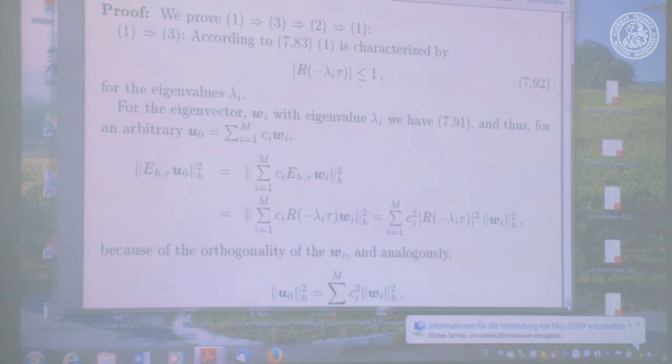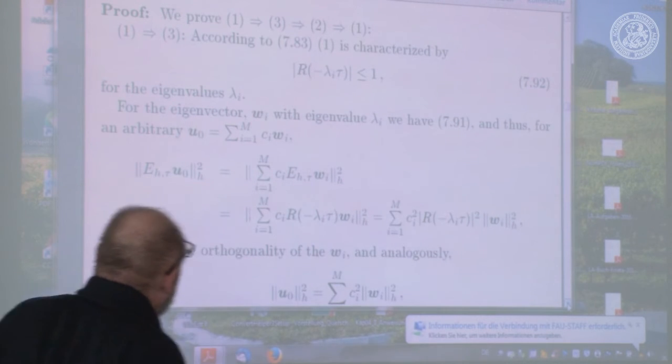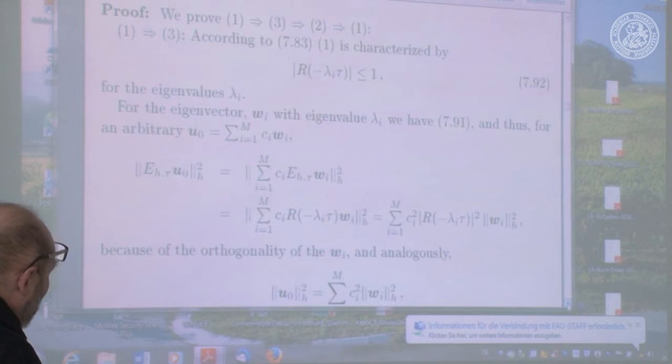So again, we have a linear combination formed with the eigenvectors, and we have the corresponding norm in the induced norm, and then we know that there is an identity between this norm squared and the Euclidean norm of the vector.